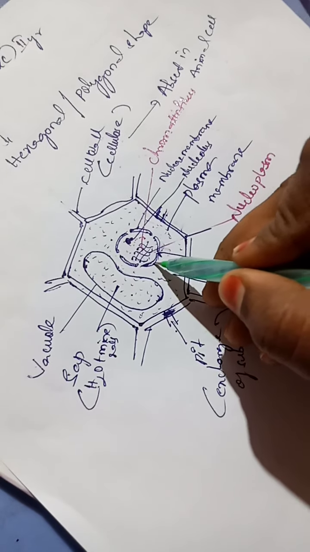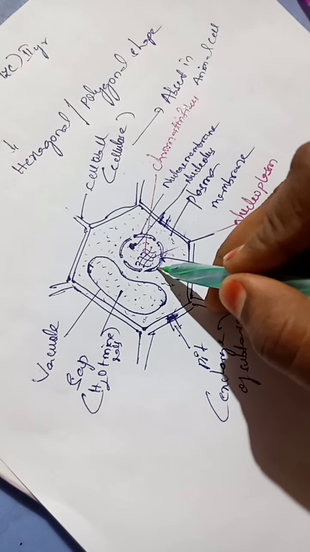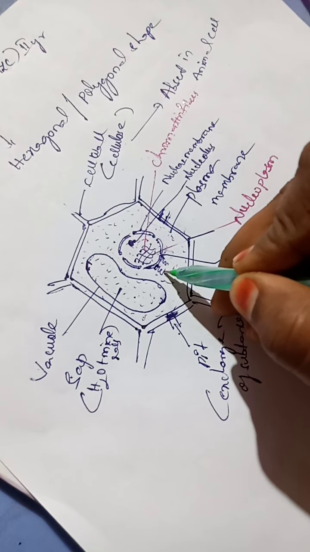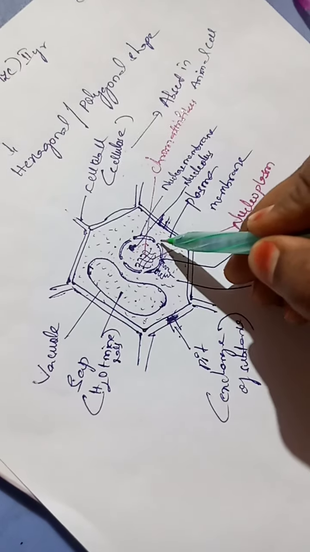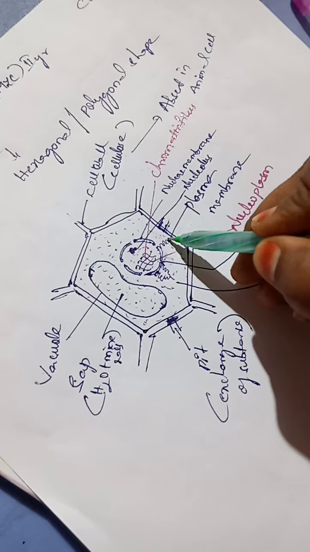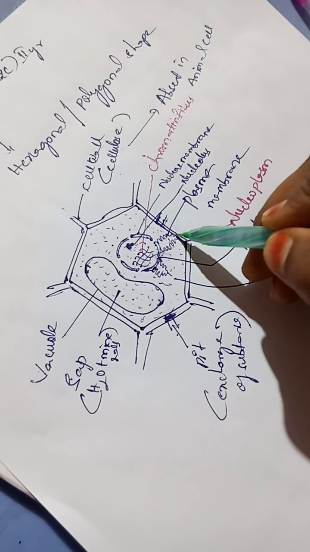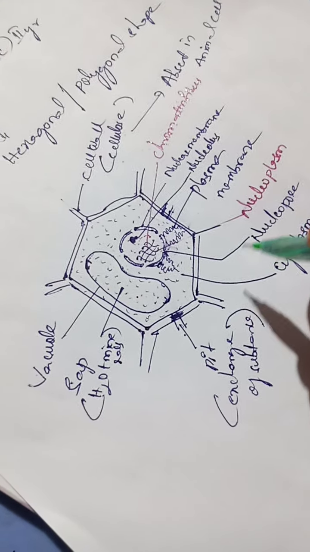From the double nuclear membrane, the endoplasmic reticulum arises like this. I also said the endoplasmic reticulum is of two types: rough endoplasmic reticulum and smooth endoplasmic reticulum.